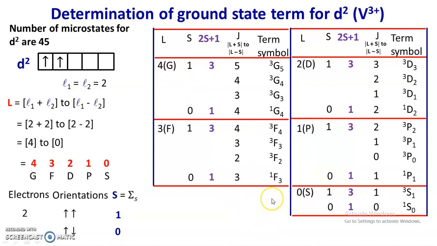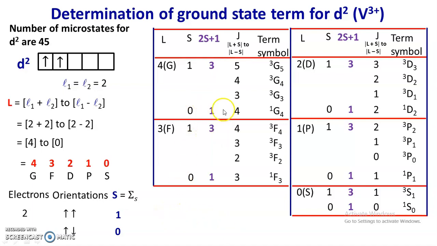Now out of various term symbols, few term symbols are allowed as per the selection rules. Now how to find out these selection rules? I have given a hint in an earlier video, but still listen carefully to how to find out the allowed term symbols or allowed terms as per selection rules.